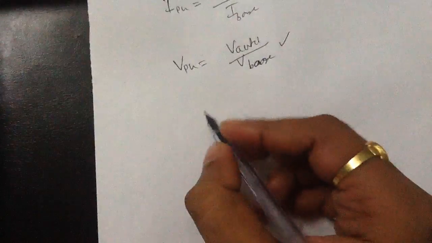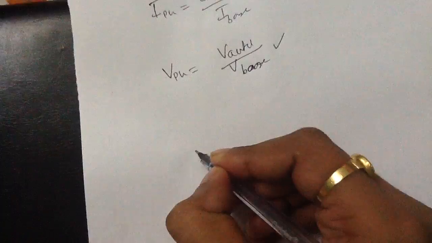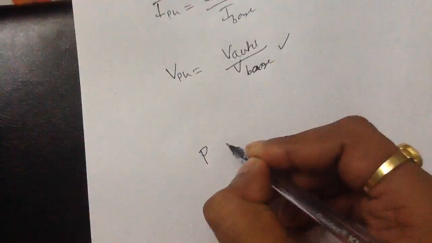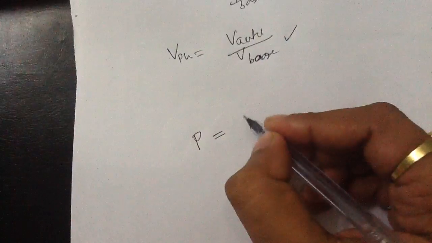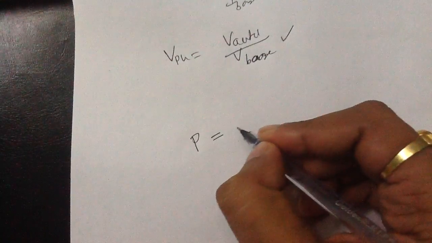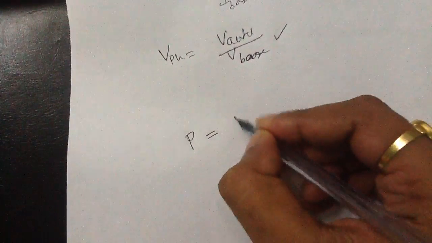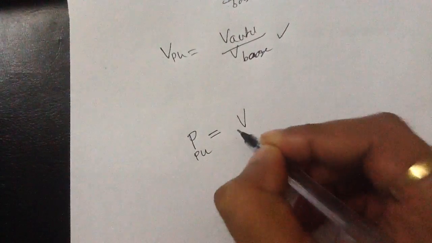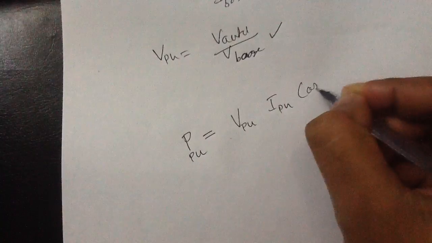If you are writing the formula for power in the case of the per unit system, write P per unit equals V per unit, I per unit cos phi.